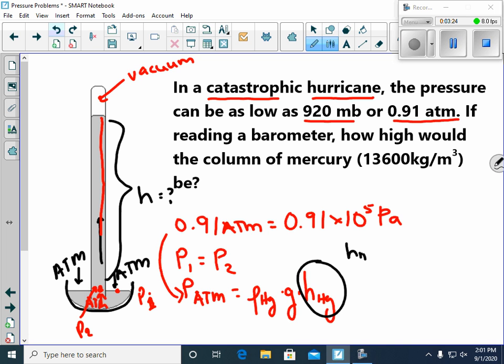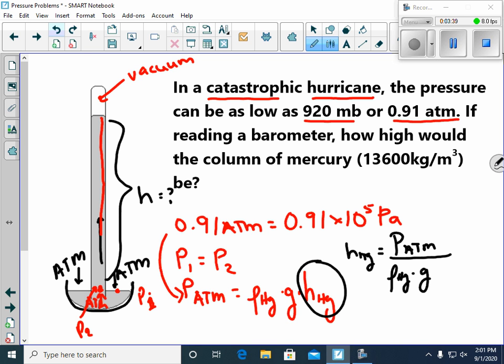So the height of the mercury, if we rearrange, is going to be the atmospheric pressure at the time over the density of mercury times g.